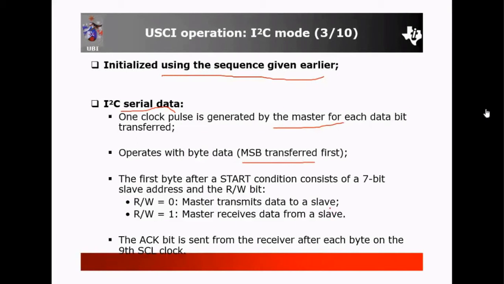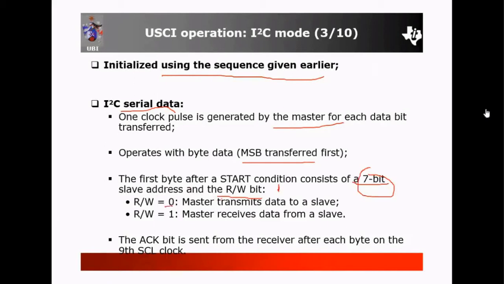The first byte after a start condition consists of a 7-bit slave address and a read-write bit. Total 8 bits are there. In the previous modes also, you have options for selecting 7-bit or 8-bit data. In this case, 7-bit address is there, and 1 bit is kept for the read-write purpose.